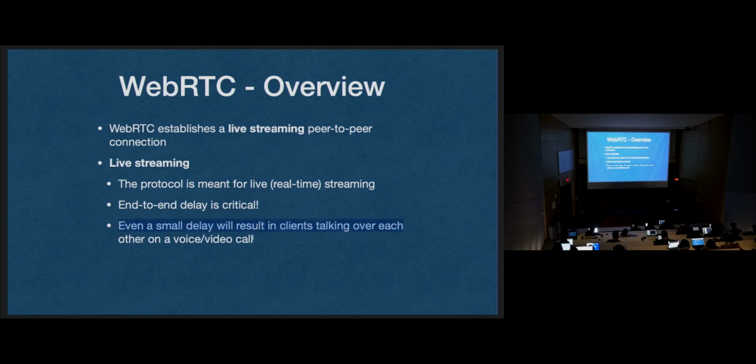But when you have peer-to-peer video chat or even voice, even the smallest delay in speech, I'm sure you've experienced this at some point, you're going to have people talking over each other, and you start talking at the same time, and then all of a sudden you're both talking. It's just a pain. But even the smallest delay is going to cause that and just completely destroy the experience.